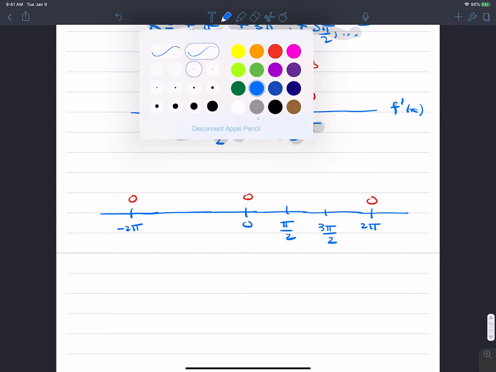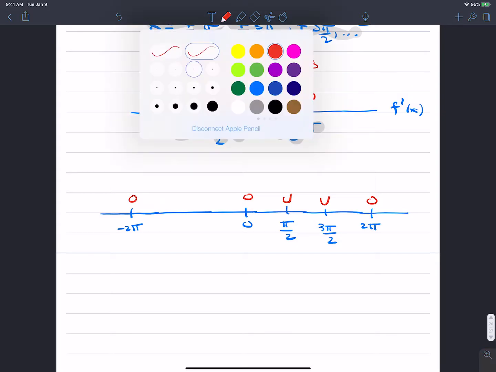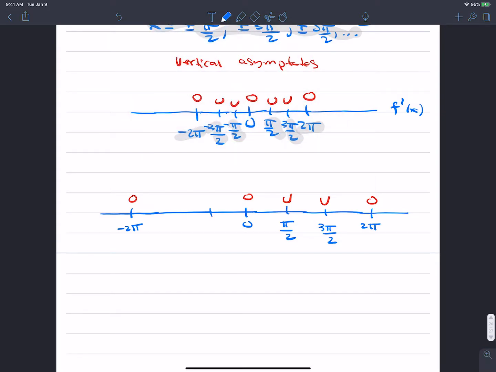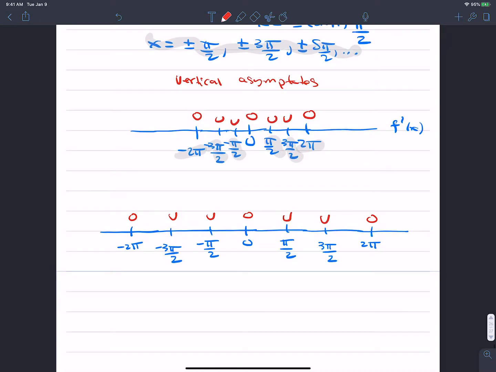This is where that derivative was undefined. And then on the other side, don't forget minus pi over 2, and then minus 3 pi over 2. That's because you have vertical asymptotes. Okay? So remember this. This is what we just mentioned.